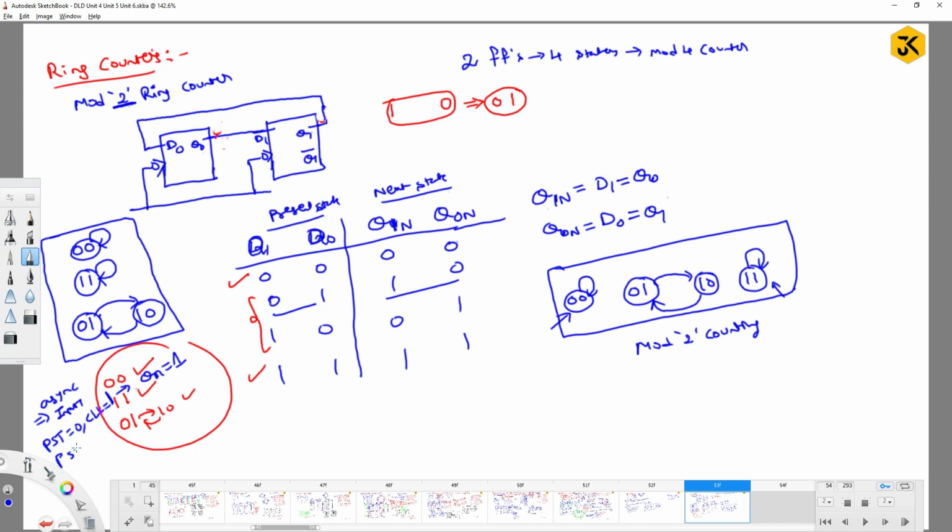When pre-state is 1 and clear equal to 0, priority will be given to clear, so your next state will always be 0. So at this point of time, your circuit can act as all these kinds of things. So that's the reason what I can do now.